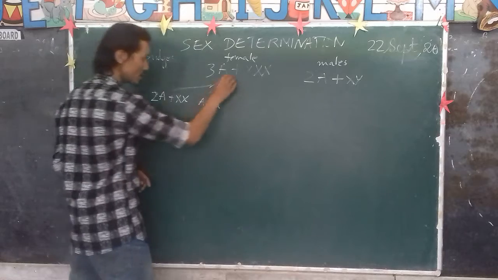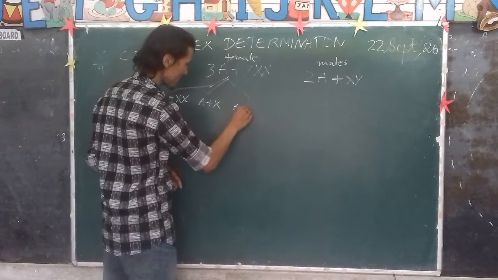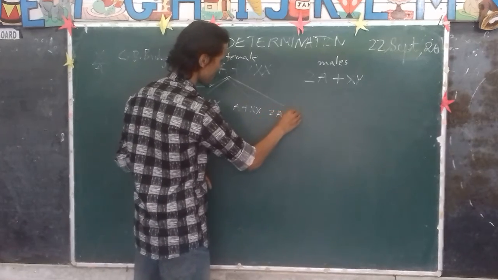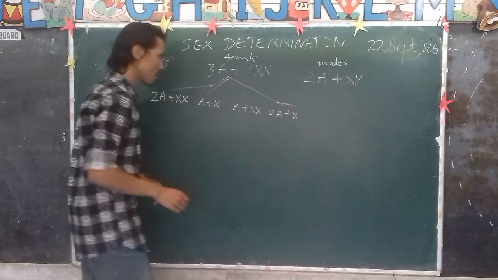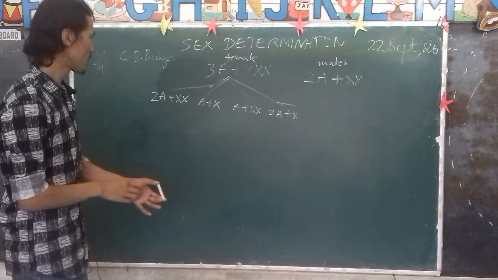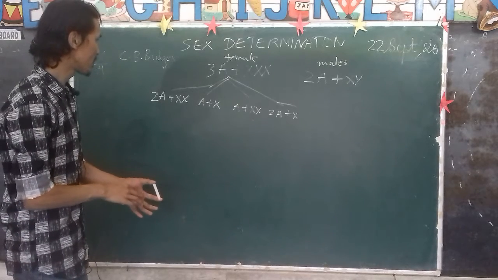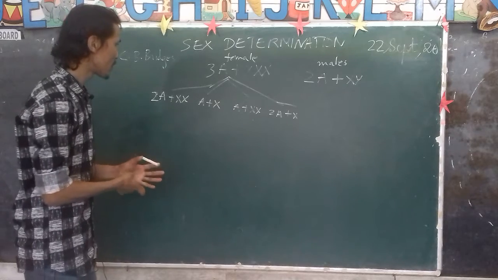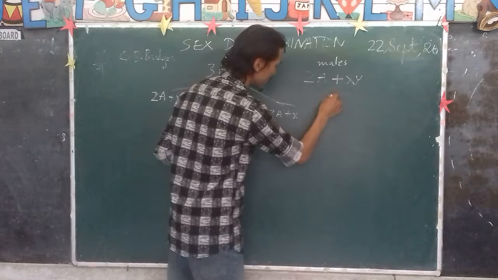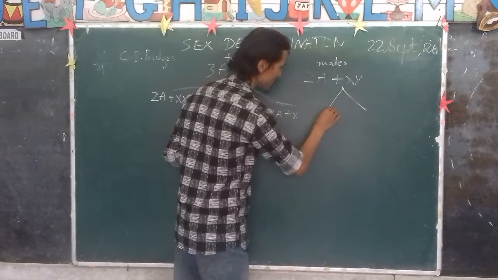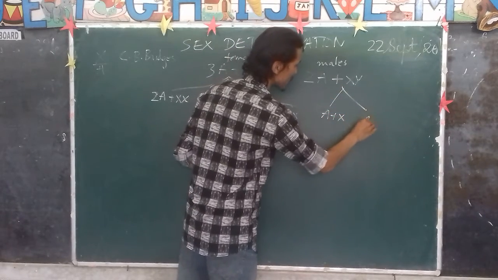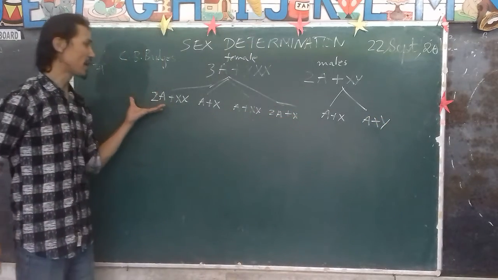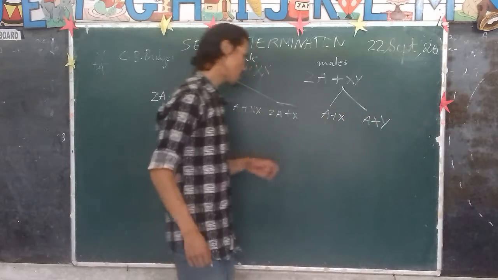one set of gamete this, or either this. In the females they will be having this, in the males they will be producing this. So if we combine this gamete with this gamete, and this with this, what are we supposed to get?